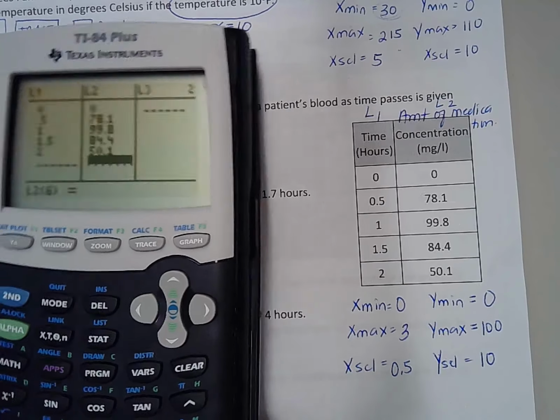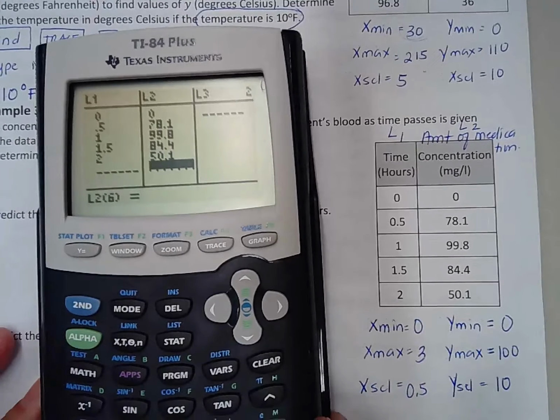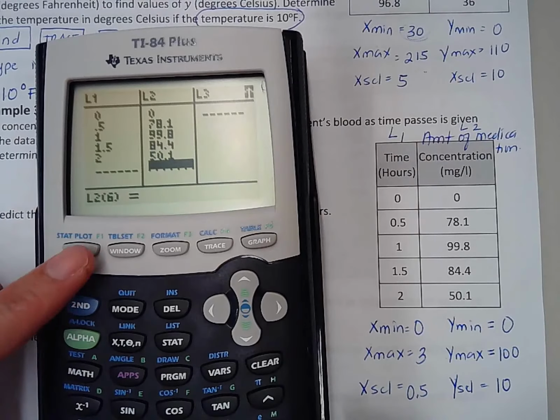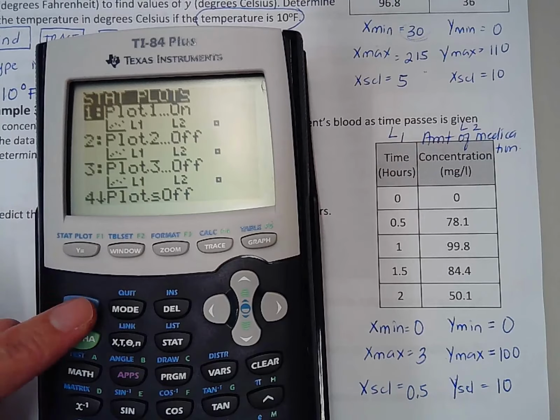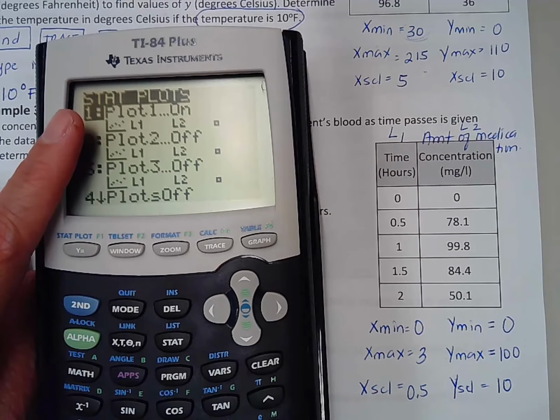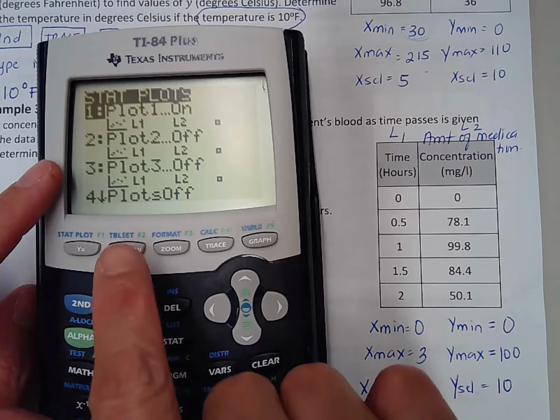Okay. I had to check if my stat plot is on. Yes, in the second function Y equals, it's still on for me. Change your window.